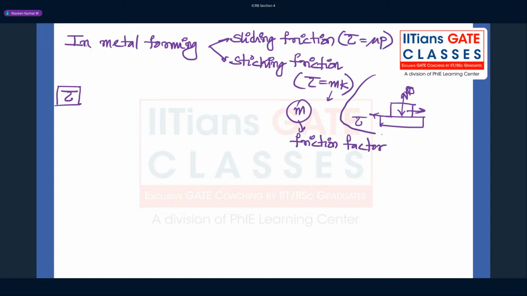Generally, in some cases they assume m is equal to 1, when the layer is sticking to the die. If there is no lubrication, in higher friction conditions most of the contacting part may be slipping and some is sticking. There are so many things, so that's why they are not taking m equal to 1.